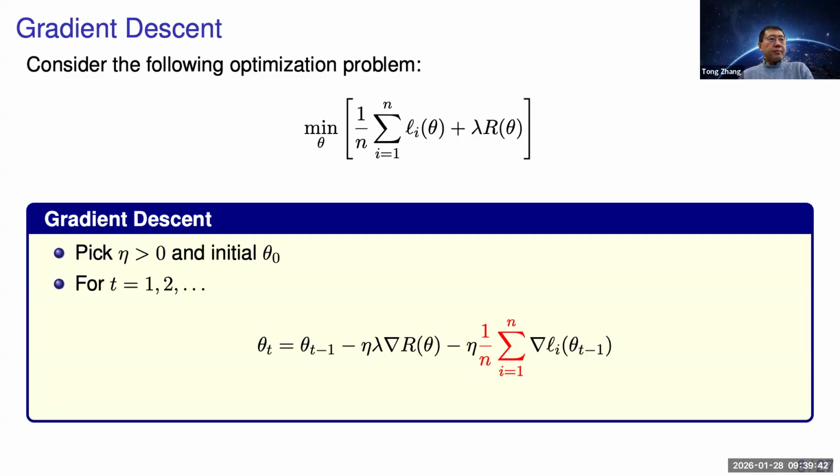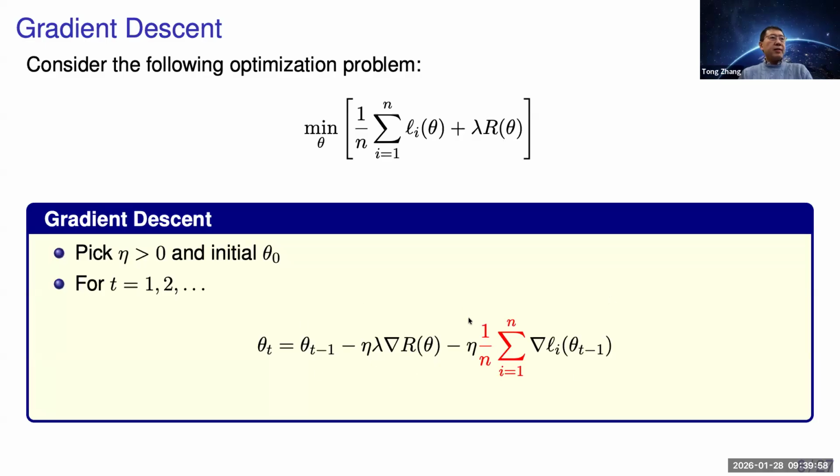And then what you do is take the gradient. First, you take the gradient of the loss, this guy here, right? Second, you take the gradient of the regularizer.